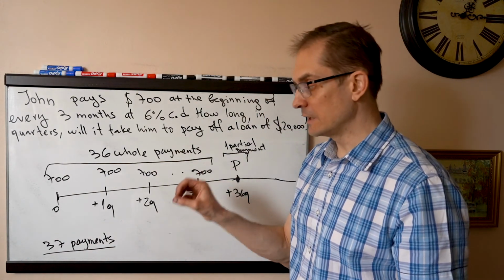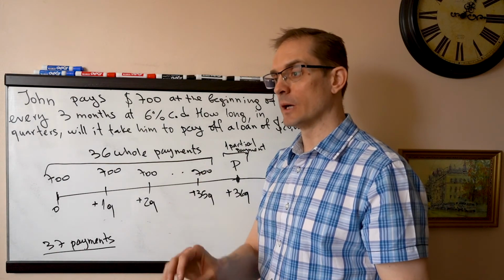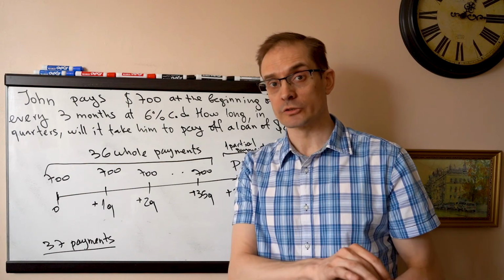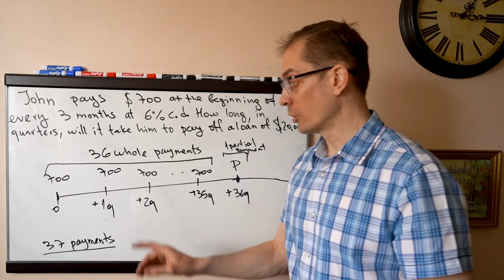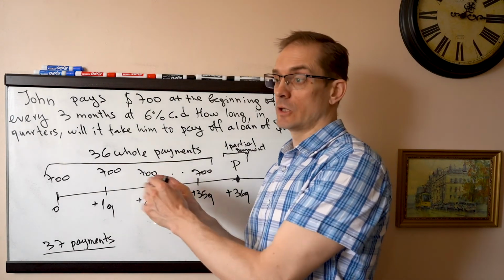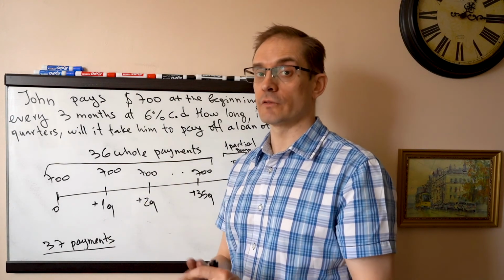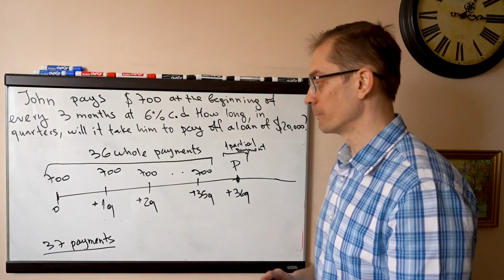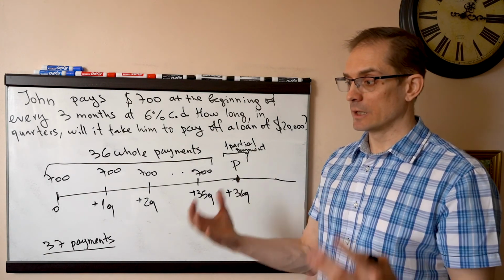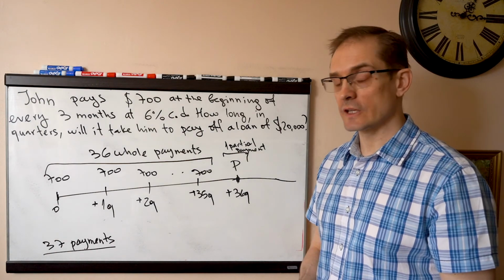So yes, 37 payments, but in terms of time, that's going to be 36 quarters. One less period, because it is a due annuity and because that's a present value of the due annuity, because that's the loan. Okay, so that covers our discussion of finding the term for the annuity.